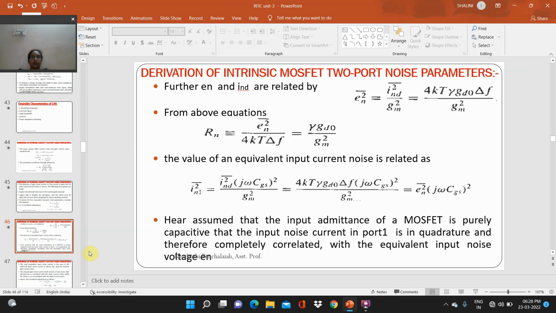Here we assume that the input admittance of a MOSFET is purely capacitive and that the input noise current in port 1 is in quadrature and therefore completely correlated with the equivalent input noise voltage.